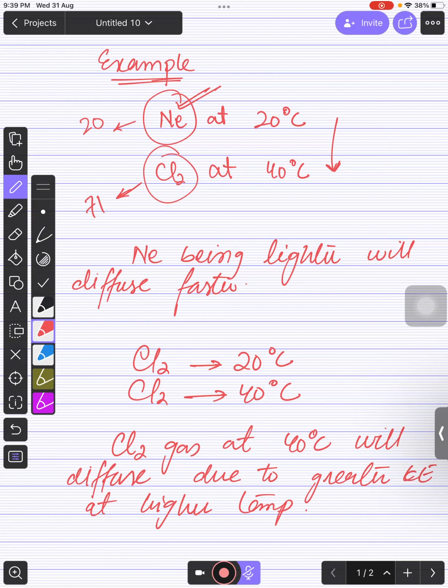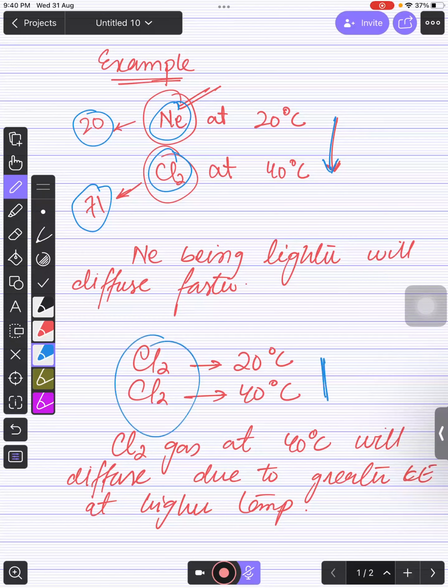Can you explain once more? This is simple. If you have 2 gases with different molecular masses, one is lighter and one is much heavier, right? So even if the temperature of the heavier one is double, it does not matter, because the lighter gas will diffuse faster since it is lighter. If both gases are the same and the temperature is different, we already learned the effect of temperature on gases.